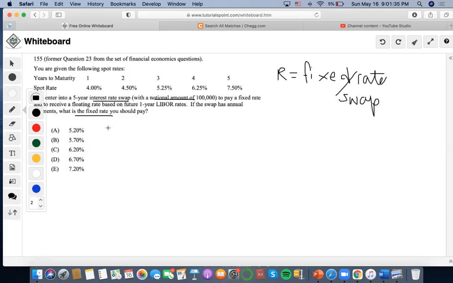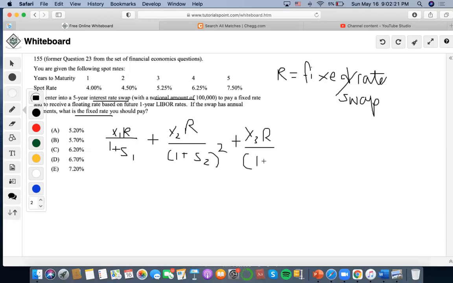To give a little background, if we weren't given a notional amount of 100,000 or a level amount, and all payments were not level, the equation that we would work with would be X1R over 1 plus S1, which denotes the first spot rate, plus X2R over 1 plus the second spot rate, plus X3R, etc. It's just based on how long it would go for.